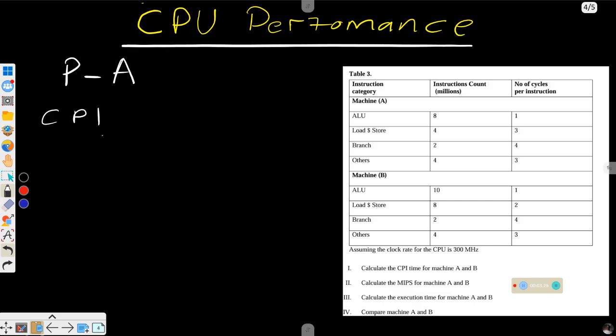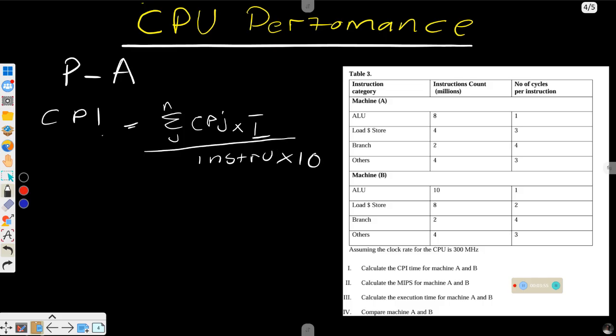For us to calculate the CPI, it is the sum of instruction count times the instruction, all over instruction times 10 to the power 6.